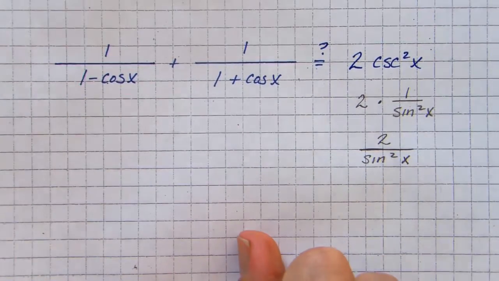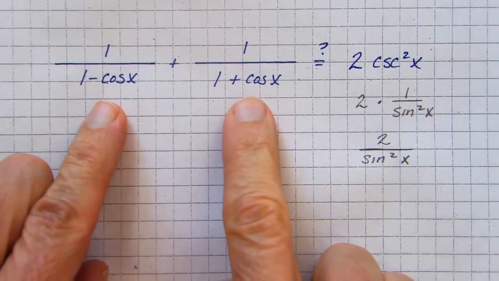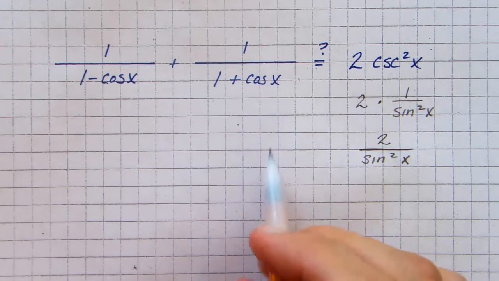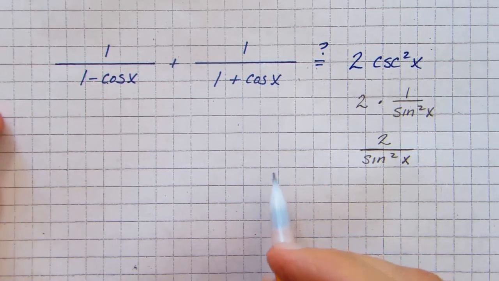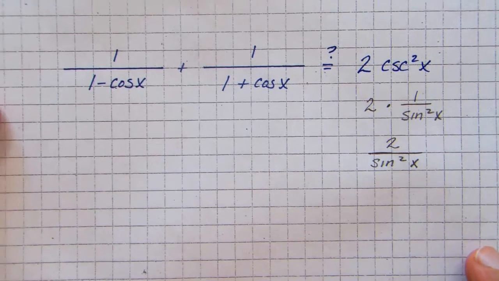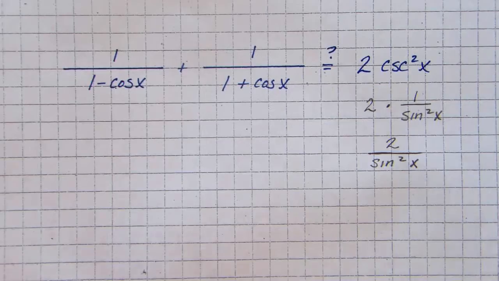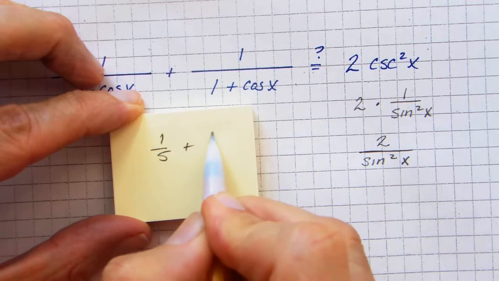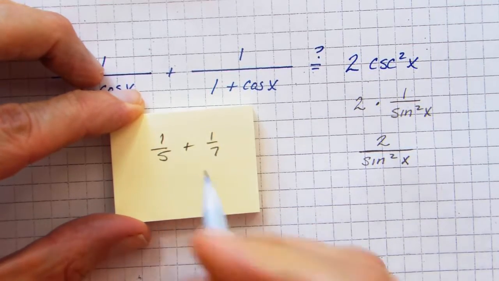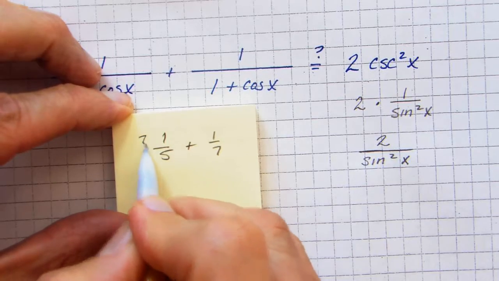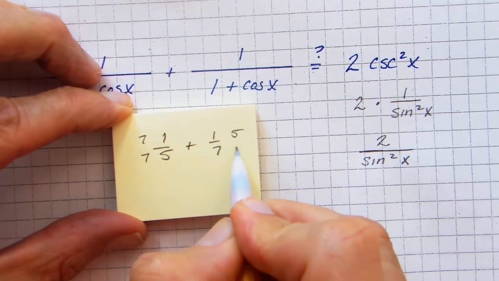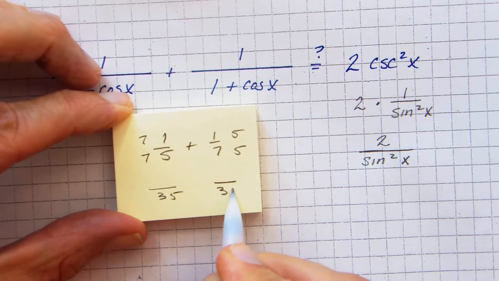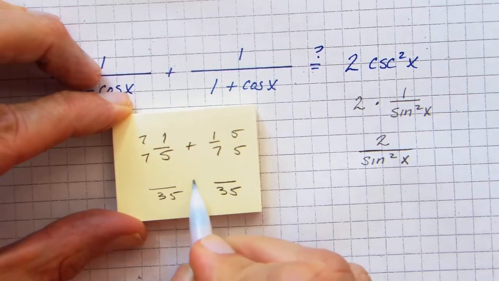So now we'll bounce back to the left-hand side, and we realize, okay, we're trying to add two fractions here. Well, in order to add two fractions, I need a common denominator. And so you think back to what you may have done when you had things like 1/5 plus 1/7, and you might recall that one trick was multiply this by 7 over 7, multiply this by 5 over 5, because then it gives you common denominators for both fractions, and you can then add them together.